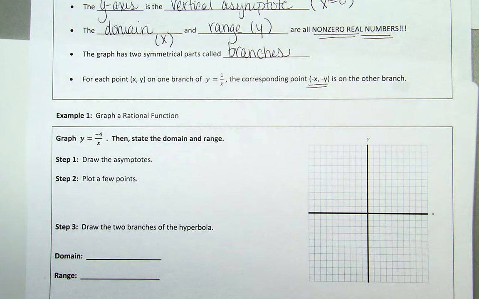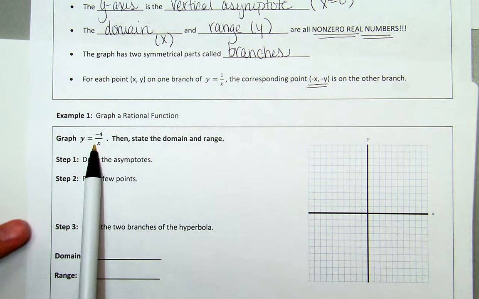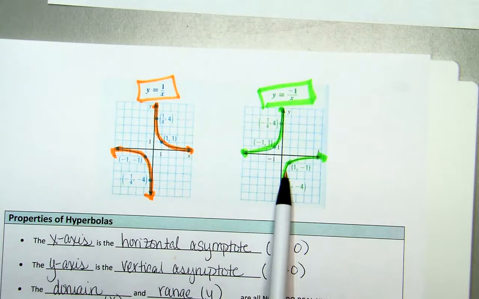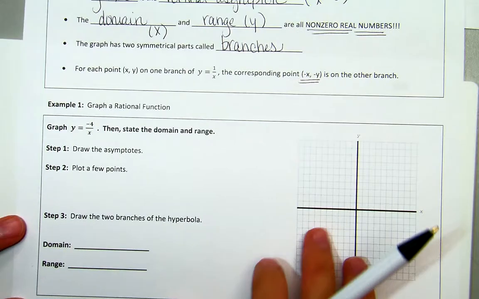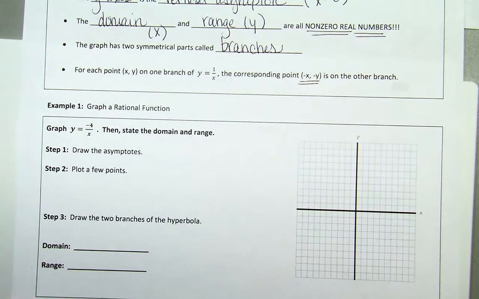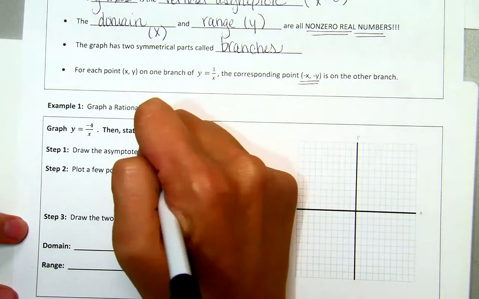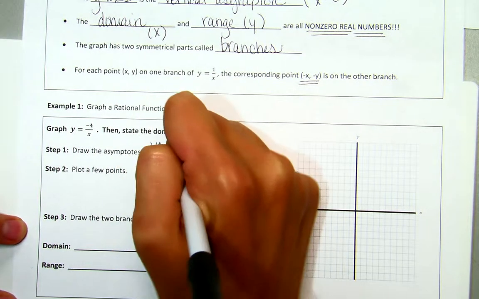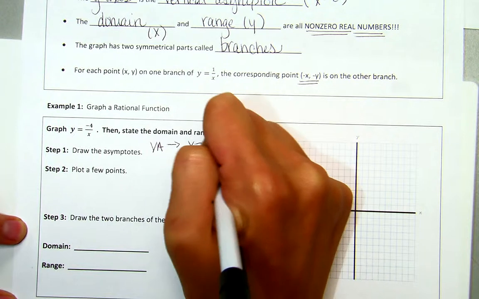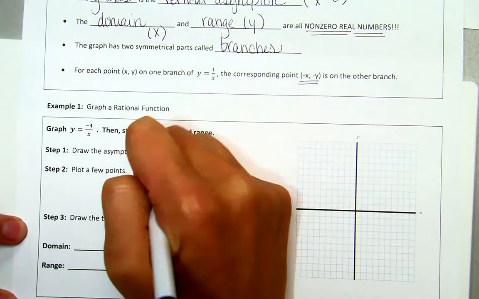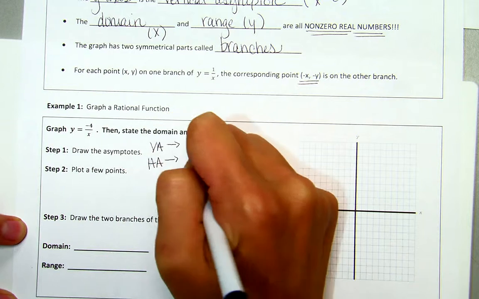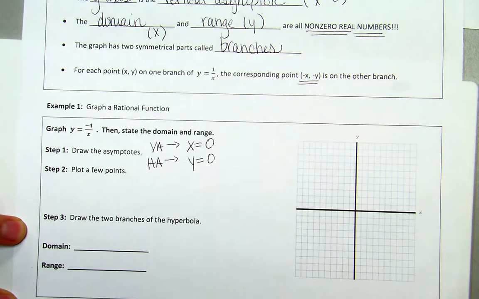So in the first example, the first thing that we're going to do is locate and draw our asymptotes. Since this looks very similar to the parent function of our second graph, y equals negative 1 over x, there's not a lot of translations going on here. We know that our asymptotes are as follows. Our vertical asymptote is going to be our x equals 0 line, and our horizontal asymptote is going to be our y equals 0 line.